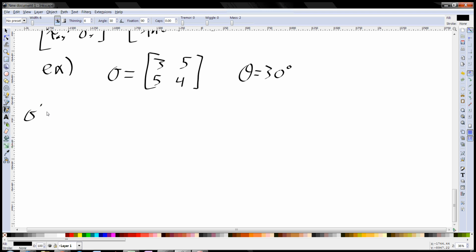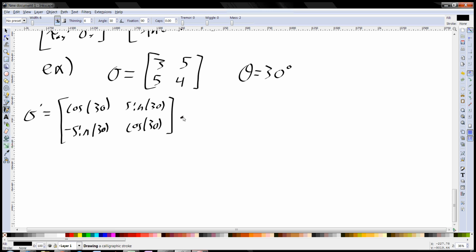So your new stress matrix will equal your directional cosine, so cosine of our angle 30, sine of our angle 30, negative sine of our angle 30, cosine of our angle 30, times our original stress matrix, 3, 5, 5, 4, times the transpose of our directional cosine.